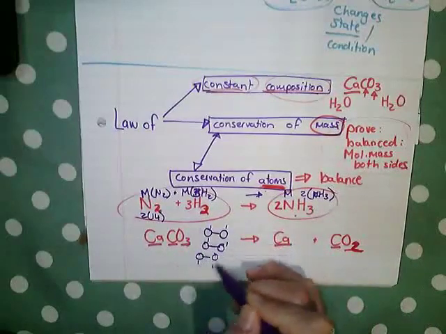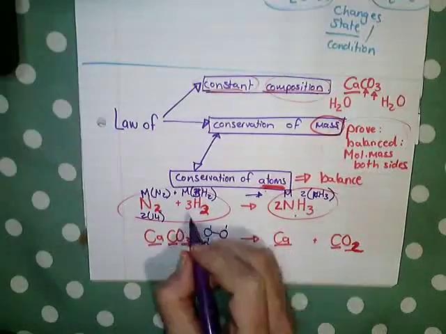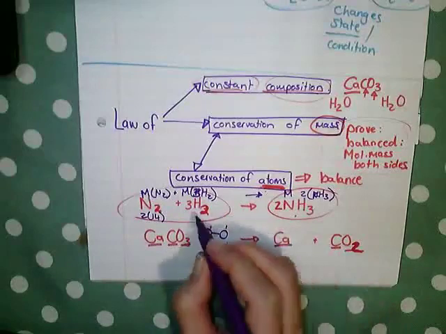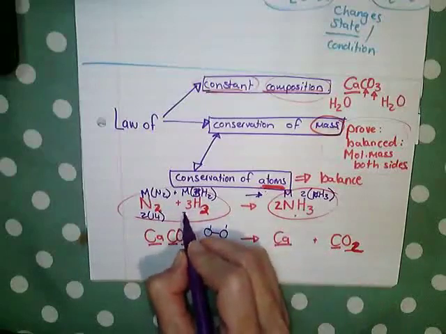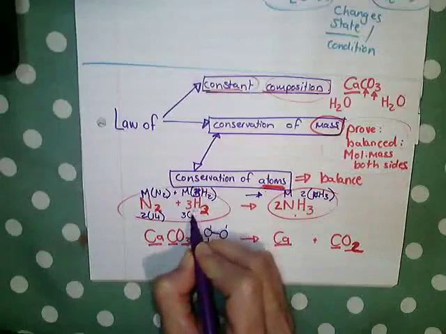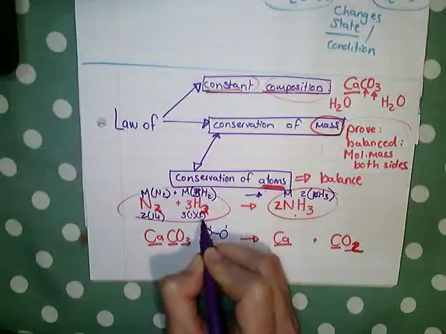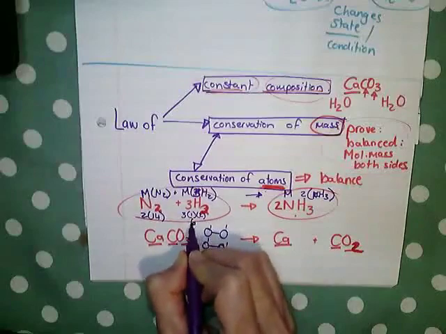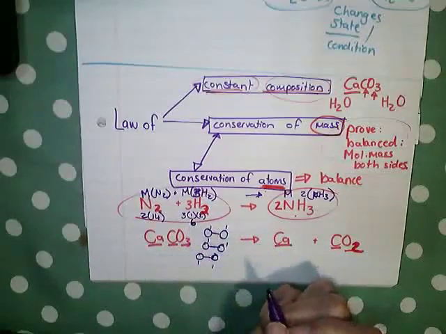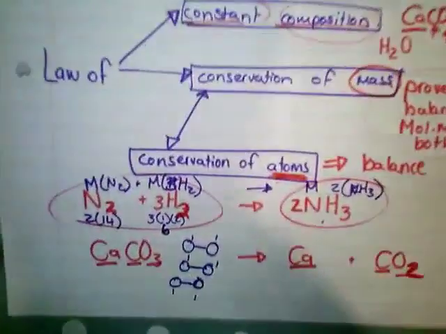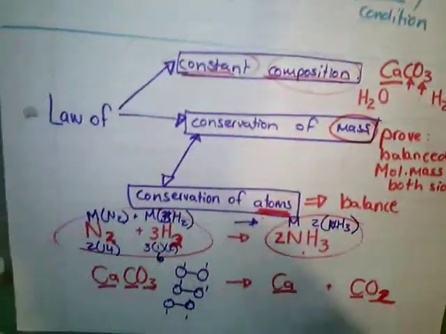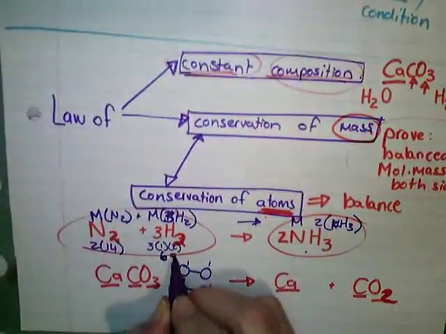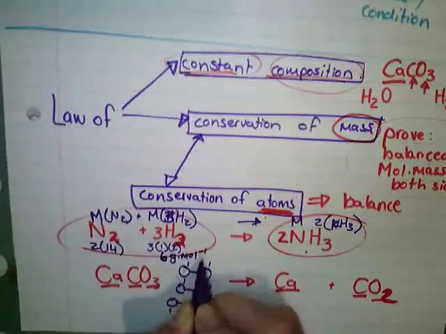To calculate the total mass, that's going to be 3 times 1 times 2, which gives us 6 grams per mole. Six grams per mole is our total molecular mass of that hydrogen.